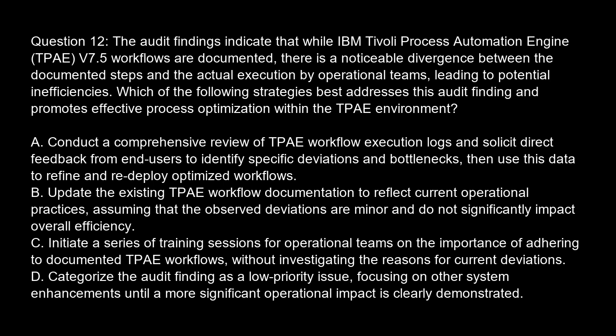Option C. Initiate a series of training sessions for operational teams on the importance of adhering to documented TPAE workflows without investigating the reasons for current deviations. Option D. Categorize the audit finding as a low-priority issue, focusing on other system enhancements until a more significant operational impact is clearly demonstrated.